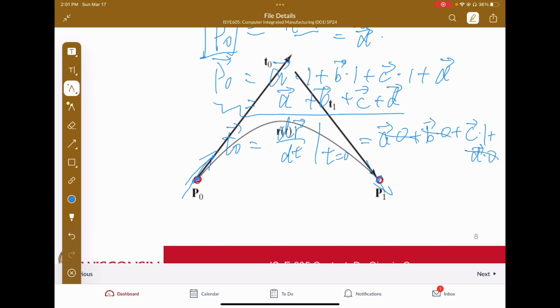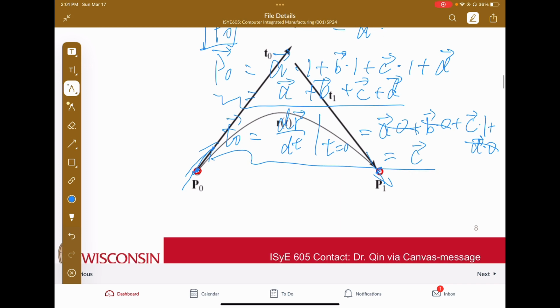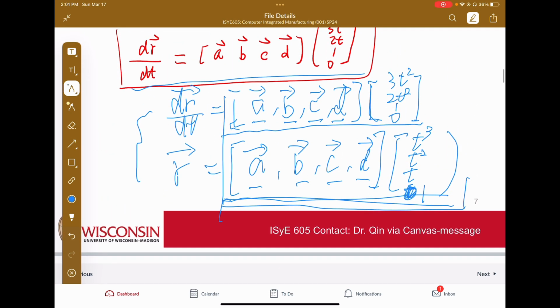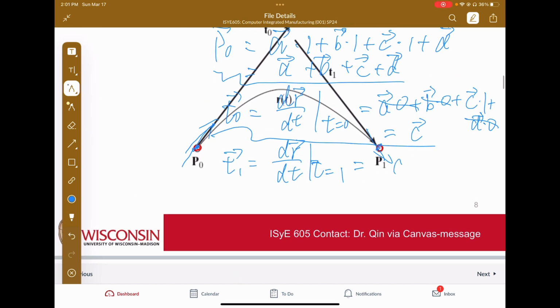So we will have c. So this is the third equation, and the last equation is t1, right, equal to a1, b1, c1, 0, which is a b c.